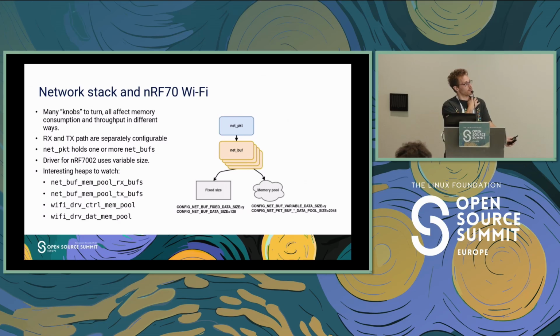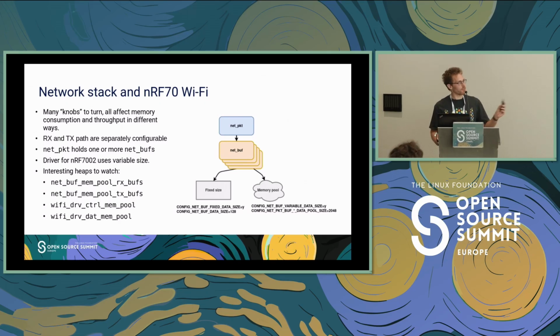Every Nordic sample with the nRF70 will set these to some values, depending on whether you are just scanning or connecting. Again, you can optimize this towards your needs, but you have to watch them. You can use the previous approach: if this consumes a maximum of 30K, let's put 35, something like this.